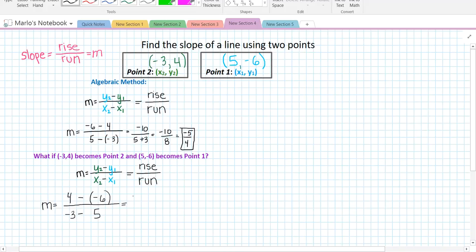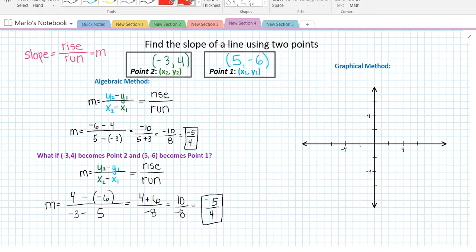And simplifying, this top part becomes 4 plus 6, and on the bottom, -3 minus 5 is -8. This becomes 10 over -8, and when we have a fraction with a negative on the bottom, that negative sign moves to the top, and the 10 over 8 becomes 5 over 4. So we can see that we do end up with the same answer.